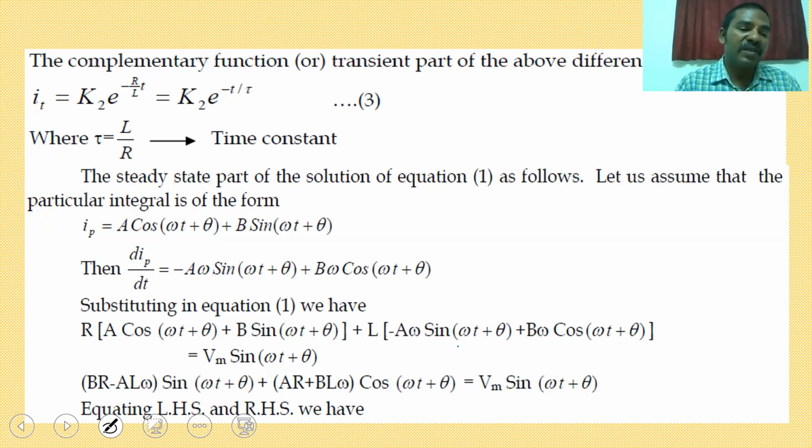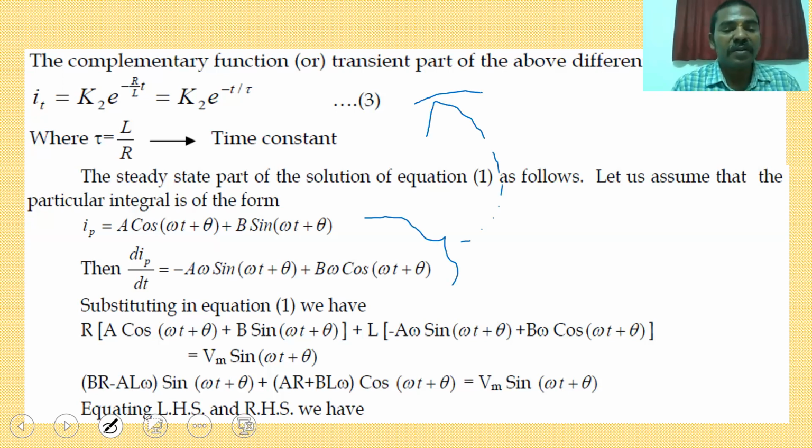I am differentiating with respect to t. dIp by dt is equal to minus a omega sin omega t plus theta plus b omega cos omega t plus theta. Now substituting these two values in equation 2, not equation 3.